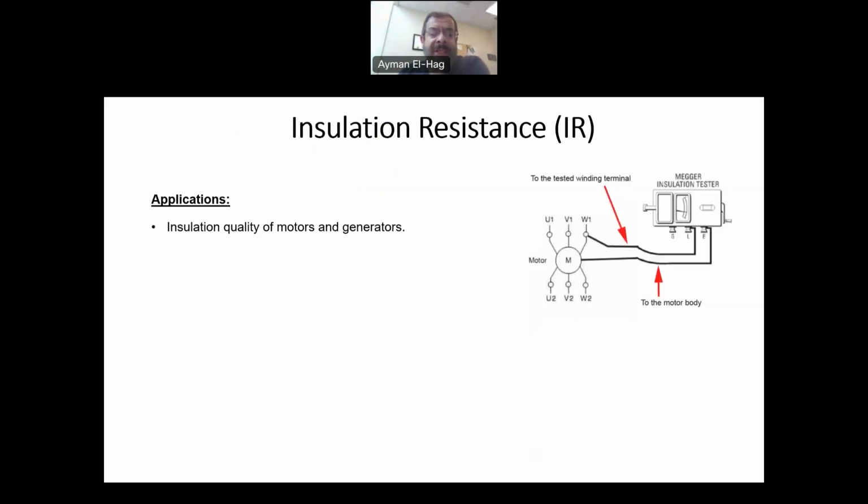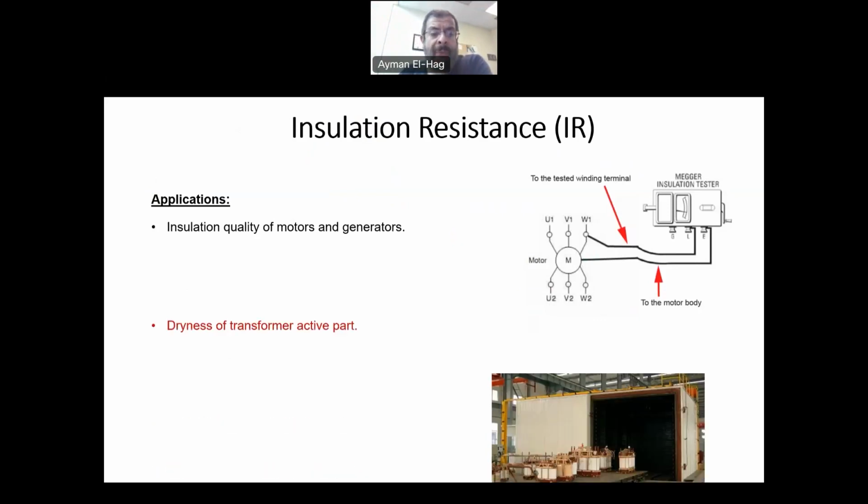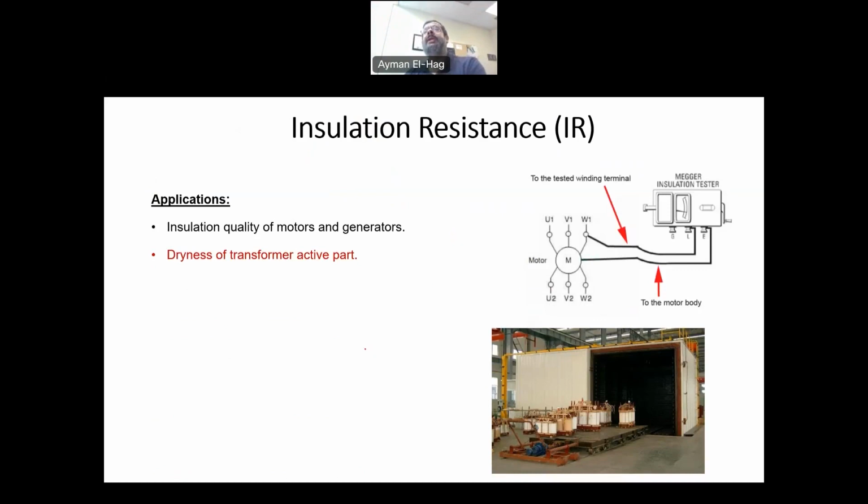One of the applications is to measure the quality of the insulation of the winding of motors and generators. We connect it in a certain way to measure the insulation resistance of the motor windings. Also, during the manufacturing of the transformer, we need to dry the active part of the transformer.